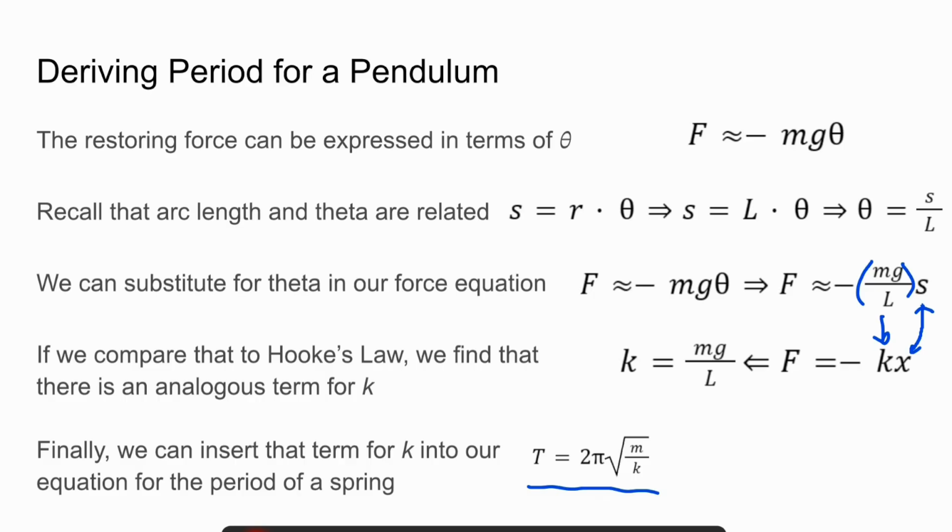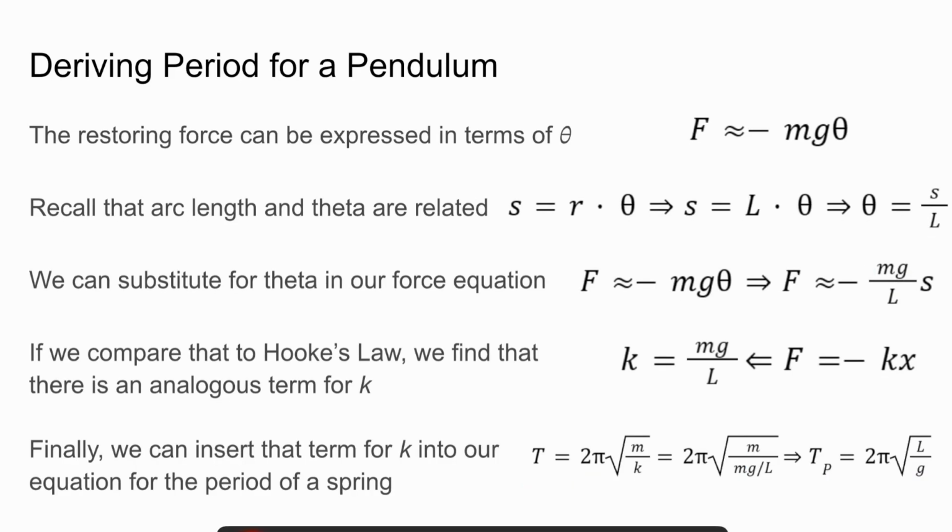And now if we substitute in mg over L for k, we can simplify this equation by canceling out those m's and then fixing that fraction within the radical, right? So our period for a pendulum, which we can express as T sub P, T being period, P for pendulum, equals 2 pi times the square root of the length of that pendulum divided by g, the acceleration due to gravity.